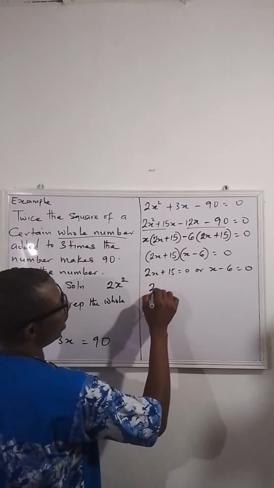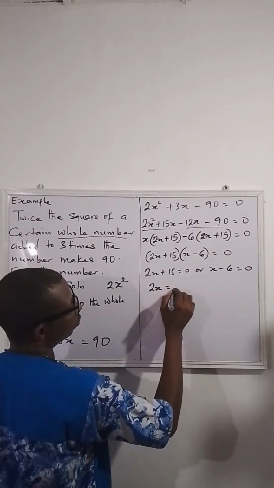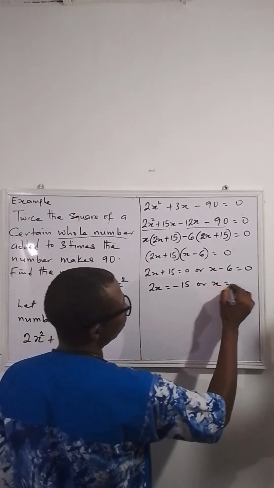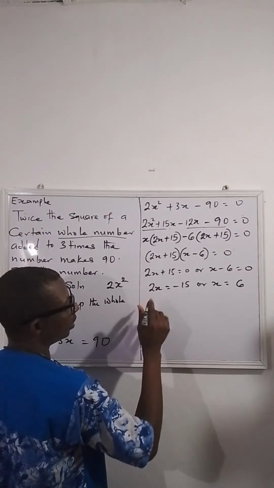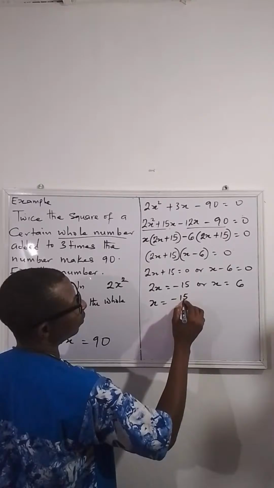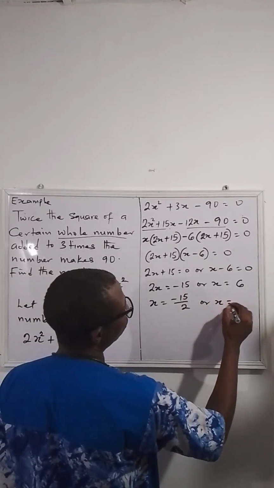So you have 2x, when you transpose 15, it will be minus 15 here, or x equals 6. So here you divide both sides by 2, you have x equals minus 15 over 2, or x equals 6.